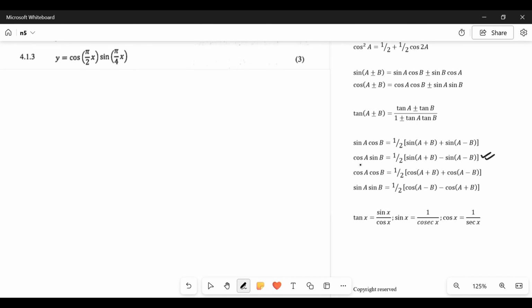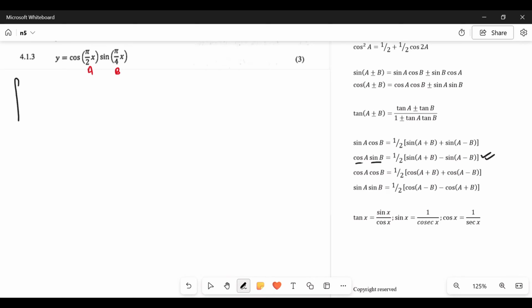So this identity starts with cos A sine B. So we can say here on our problem, this here is A, pi over 2 x, and then this here is B, pi over 4 multiplied by x. There we go. So we are able to use this identity here. So let's substitute.